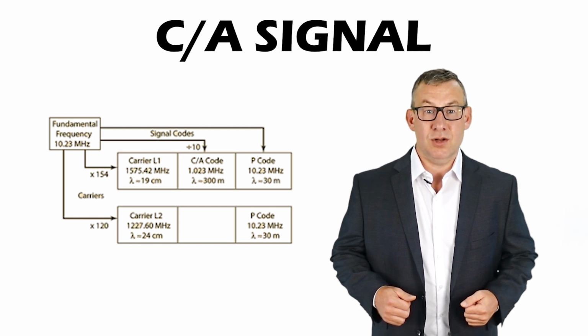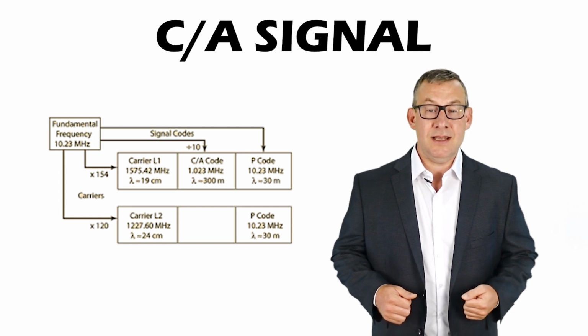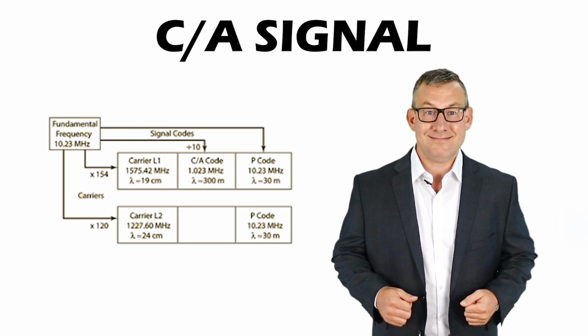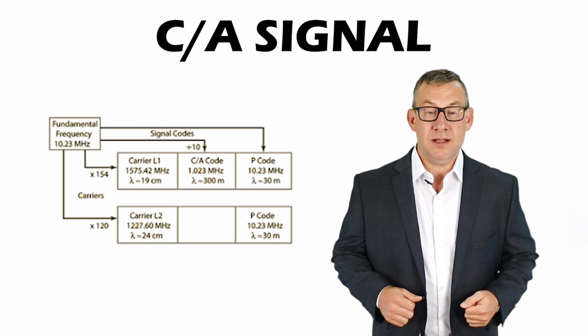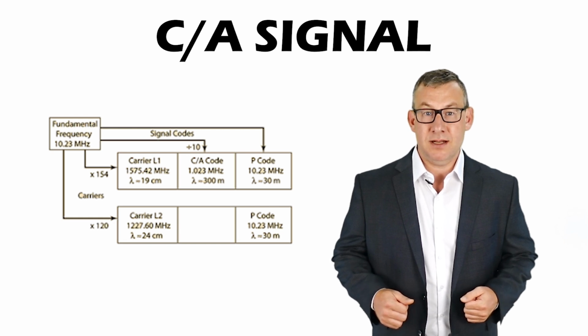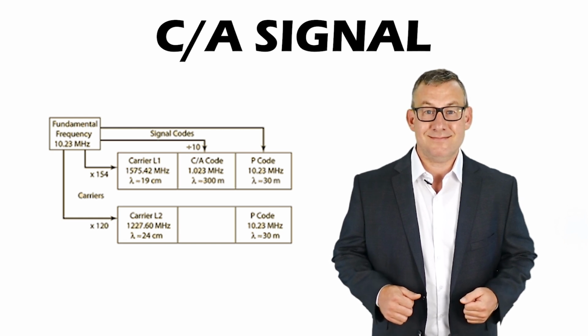The CA signal. The CA in CA signal stands for Course Acquisition Code. The CA signal is transmitted by all satellites. It is comprised of an L1 carrier modulated by a CA code.